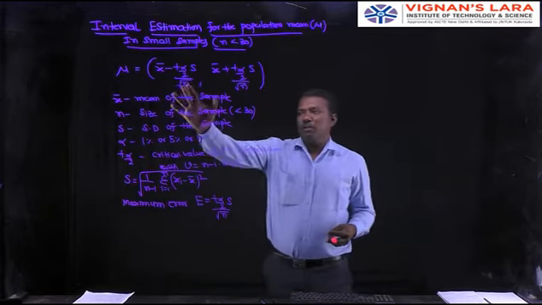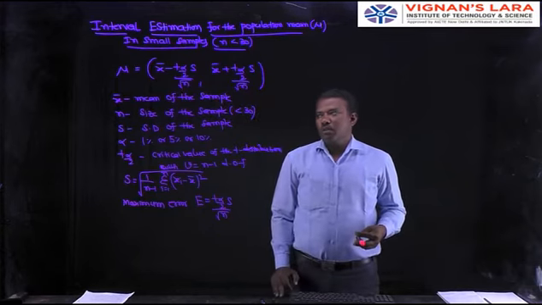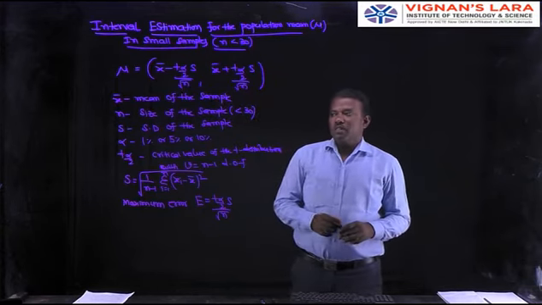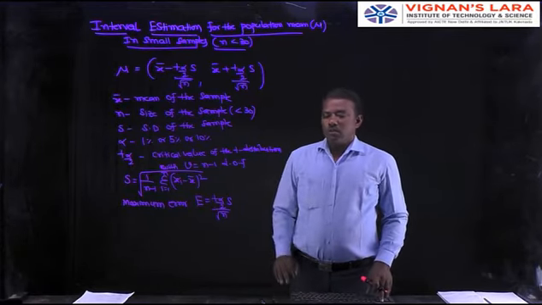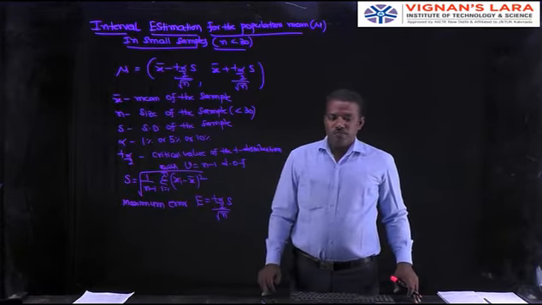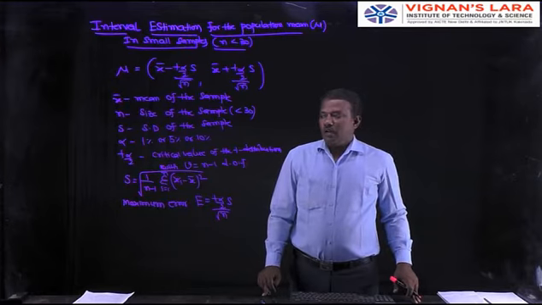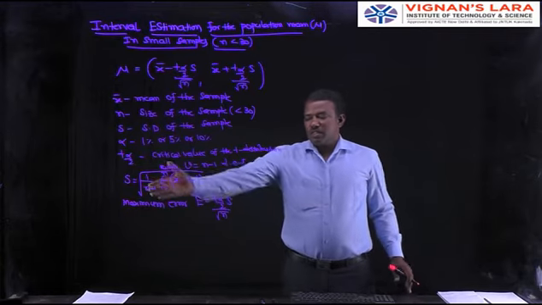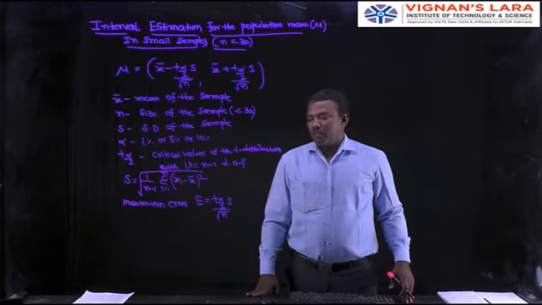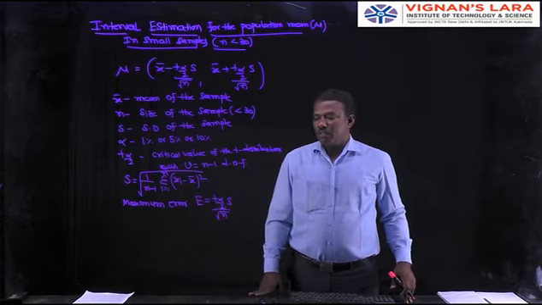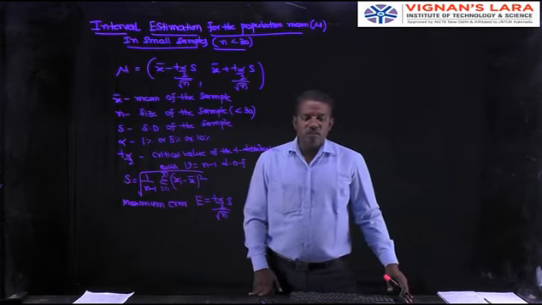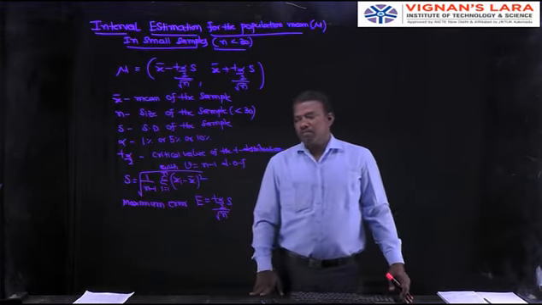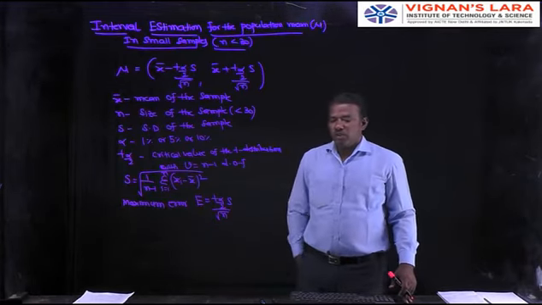This is the lower limit of mu, this is the upper limit of mu, in which x bar represents the mean of the sample, n is the size of the sample, but strictly n less than 30, and S is the standard deviation of the sample, and the calculation of S is root over 1 by n minus 1 sigma i equal to 1 to n, xi minus x bar whole square, and alpha is the failure rate, that is either 1% or 5% or 10%. Maximum error E is T alpha by 2 into S by root n.